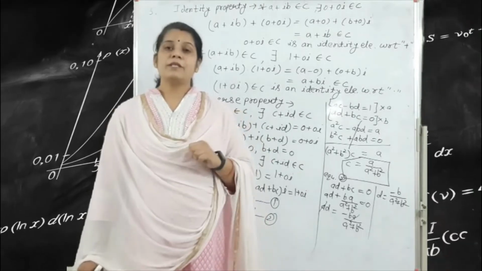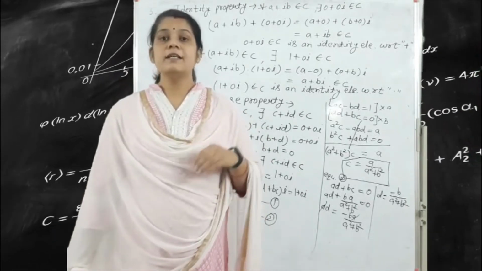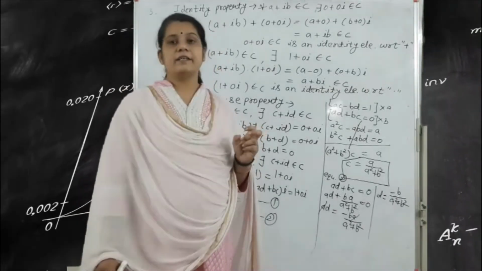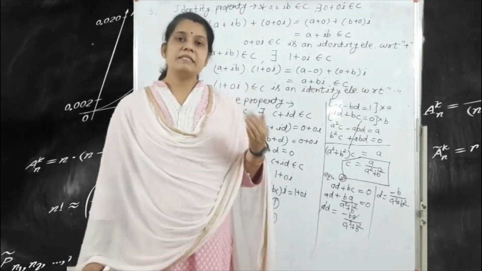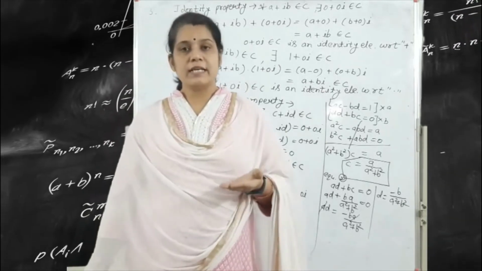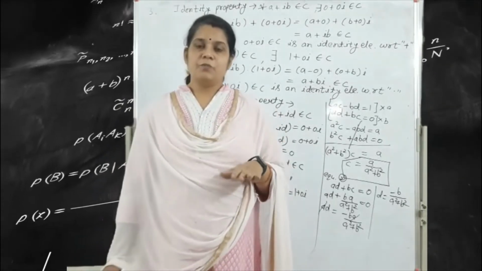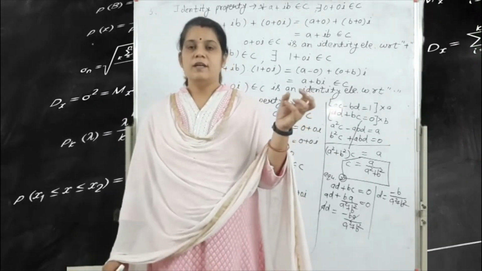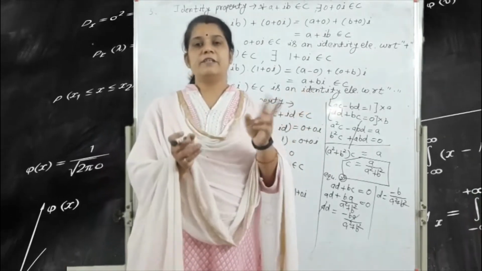So the fifth property is what? The fifth property is the commutative property. According to the commutative property, for example, Z1 comma Z2 belongs to C. So Z1 plus Z2 is equal to Z2 plus Z1. That means we interchange Z1 and Z2.